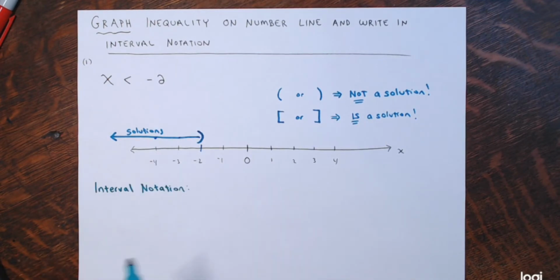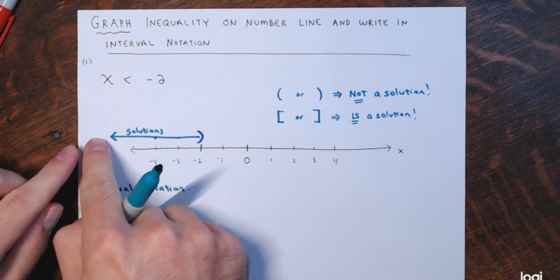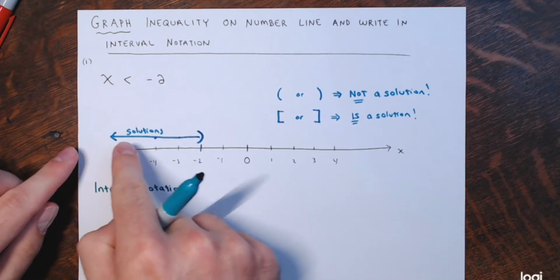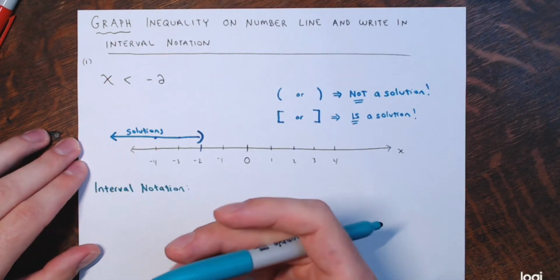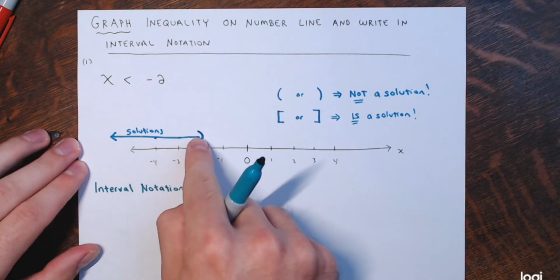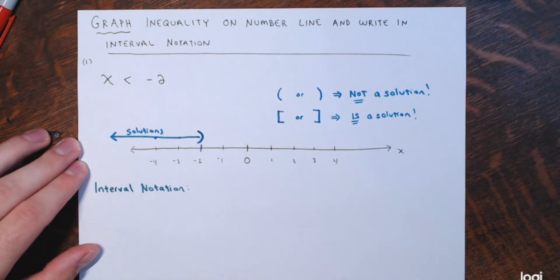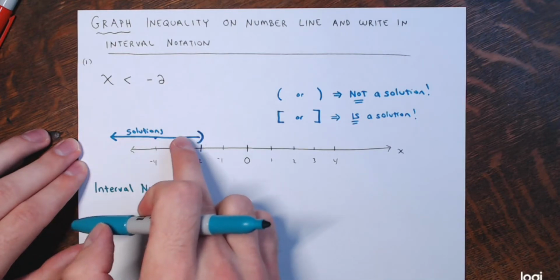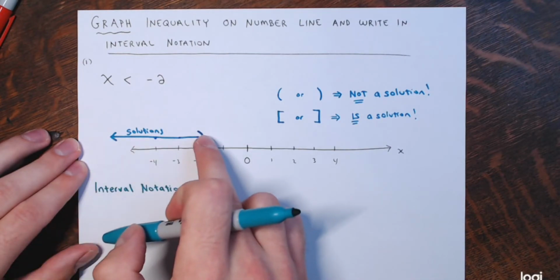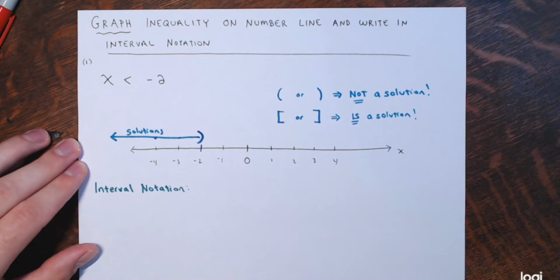Now in this picture, and in every picture in this video, there's only going to be one interval, one piece of the graph. In the future, you may see graphs that are broken up into multiple pieces, so we'll be writing multiple intervals. But for right now, we have just this one arrow to the left of negative 2.